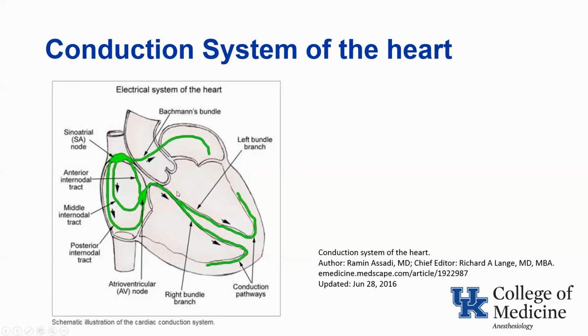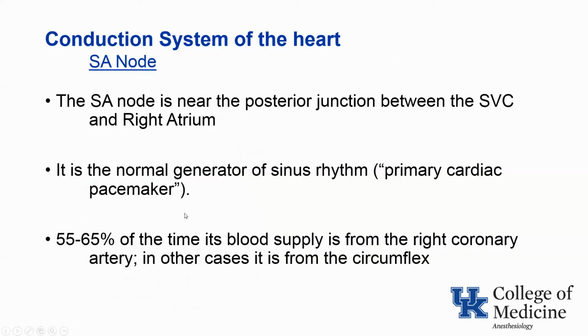This diagram shows the components with the SA node at the junction of the superior vena cava and the right atrium, the AV node, the internodal conduction pathways, the AV bundle or bundle of His, and then the main branches going to the left and right ventricle.